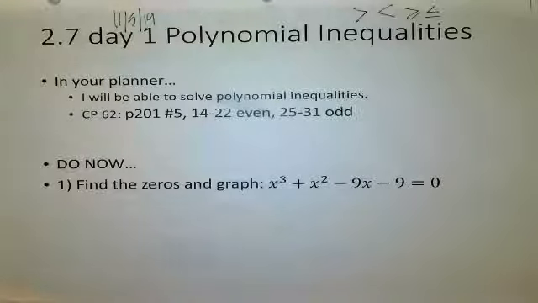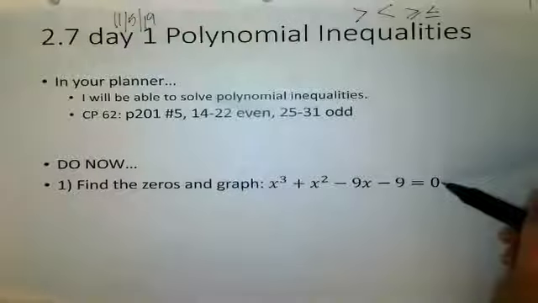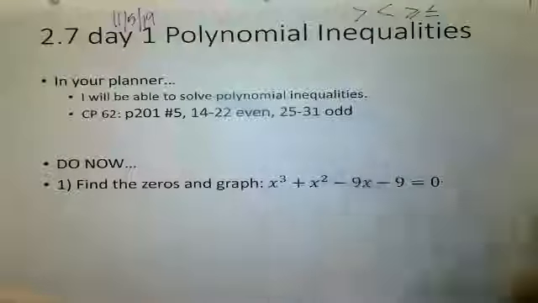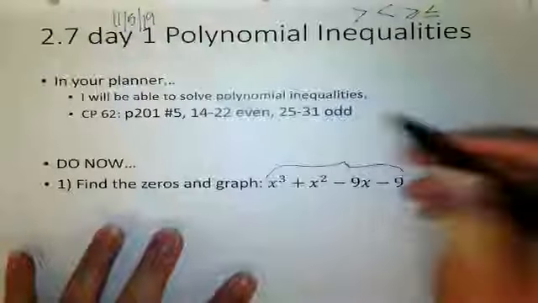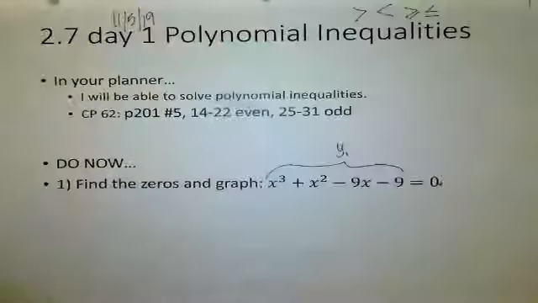The only thing we can do mathematically, algebraically, is this: we can find where a polynomial is equal to 0. So we can find the zeros. And of course, you all have a graphing calculator, so you could put the polynomial in your calculator, and you might as well do that to graph it and take a look.